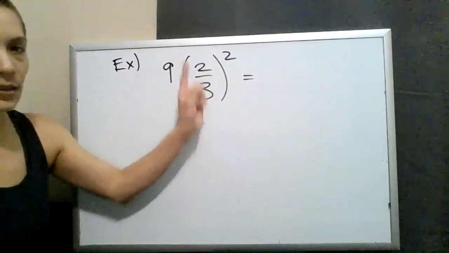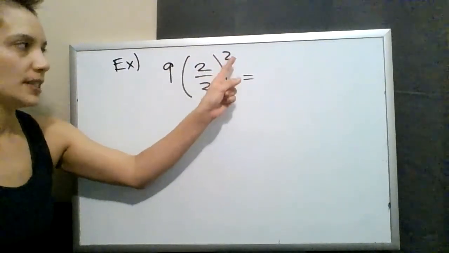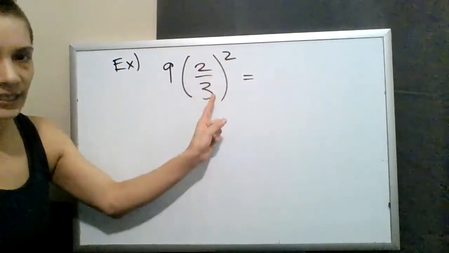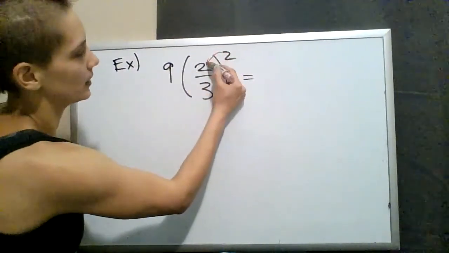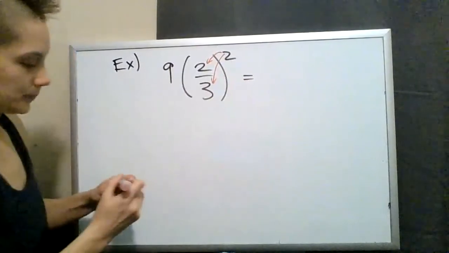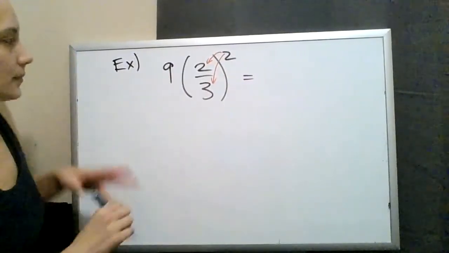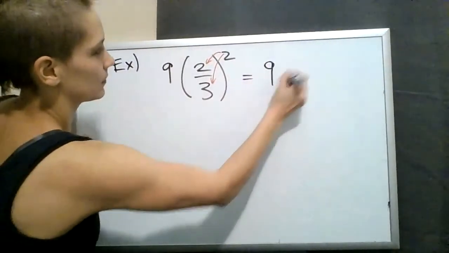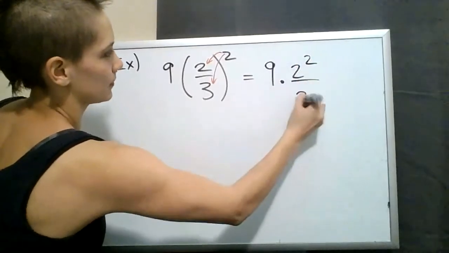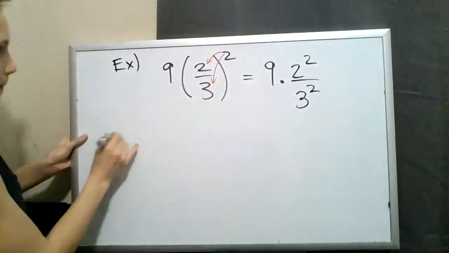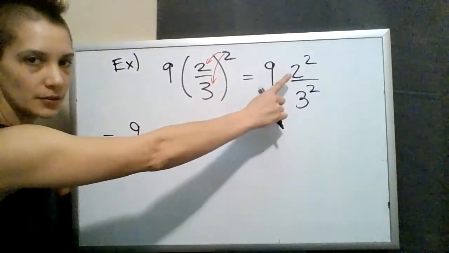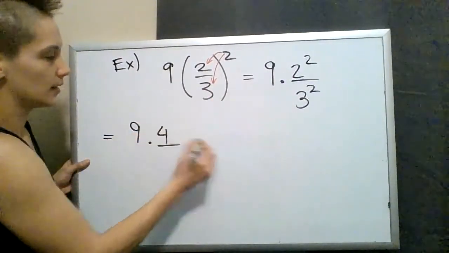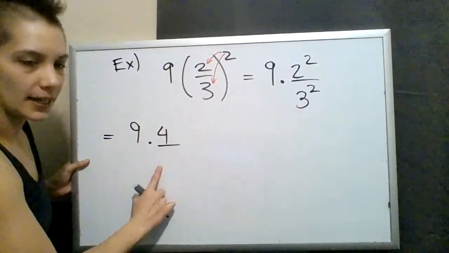A fraction with an exponent will have the exponent applied to the numerator and to the denominator. So 2 squared and 3 squared. So 2 times 2 is 4, and 3 times 3 is 9.